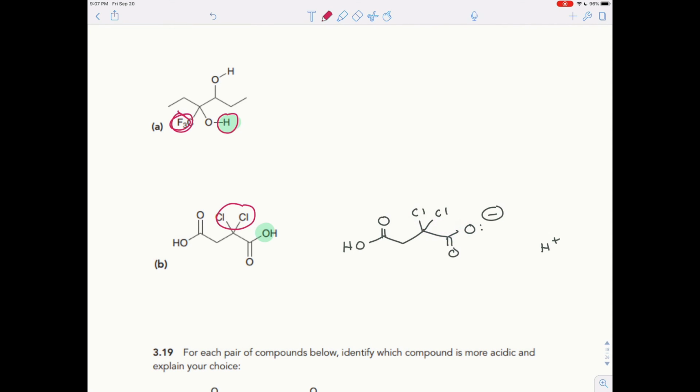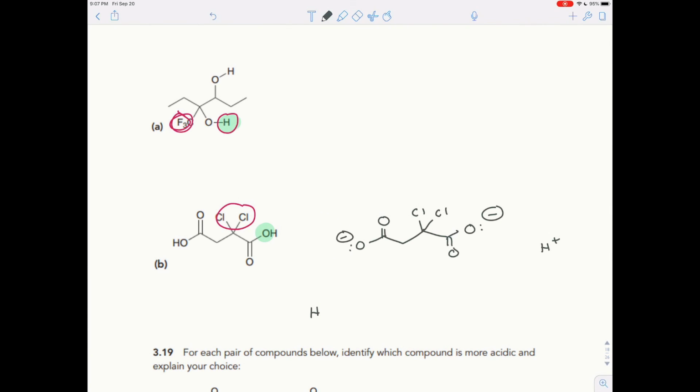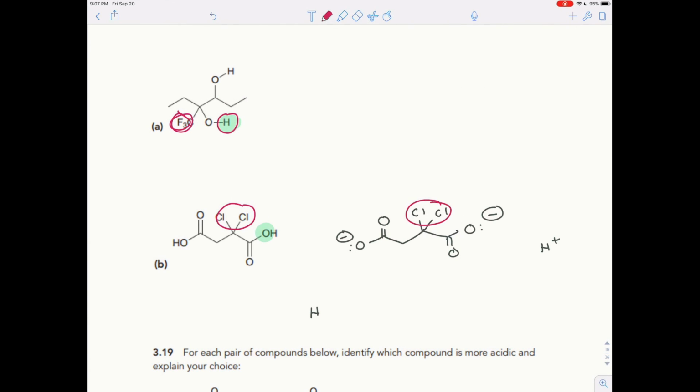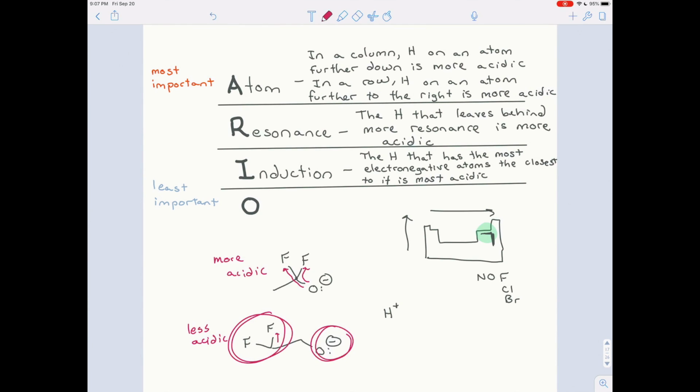And if that same process happened with the other hydrogen, if this other one were the one to leave, and the electrons in its bond to oxygen became a lone pair with a negative charge, it would not feel the chlorines as much because they're further away. And so we follow the rule that we established, which is that if induction is what you're down to, first you check the two other factors.